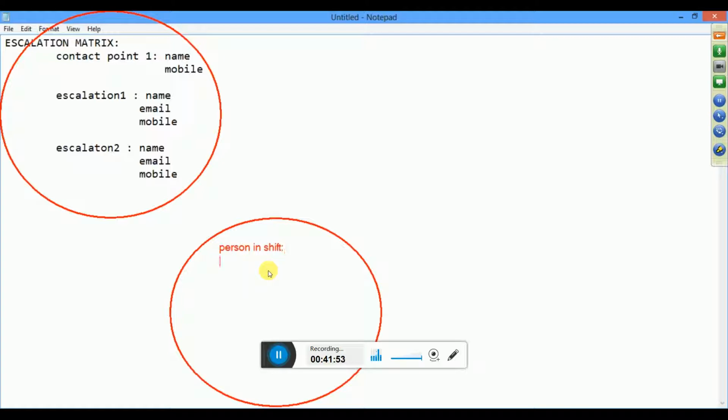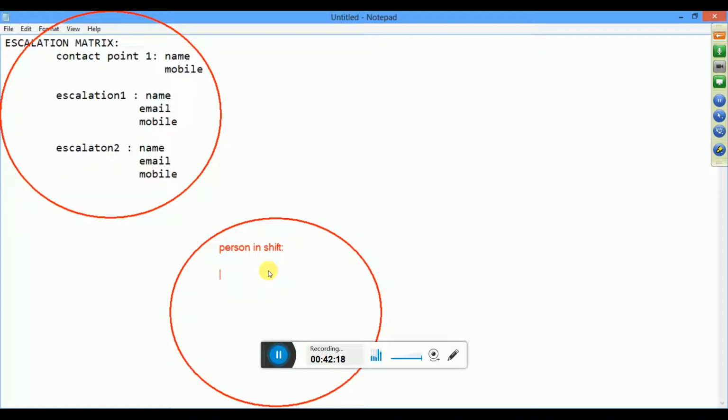Means anybody who wants to contact the middleware team should contact the person in shift. The shift schedule will be published. Publishing basically, it's a common page. There is a URL that every team has, a common, single page. Every team's information will be on that URL.